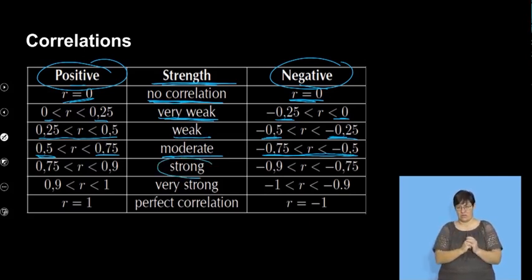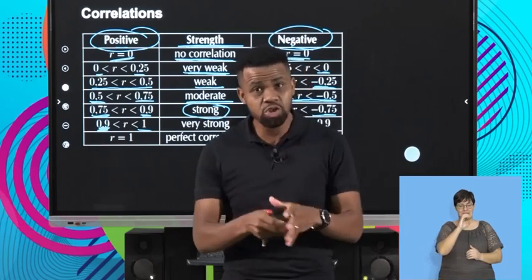Then we have strong positive correlation, 0.75 to 0.9, that is our strong correlation, okay? Negative will be negative 0.9 to negative 0.75, strong negative correlation. But very strong? Very strong, guys, we're talking about 0.9 to 1.